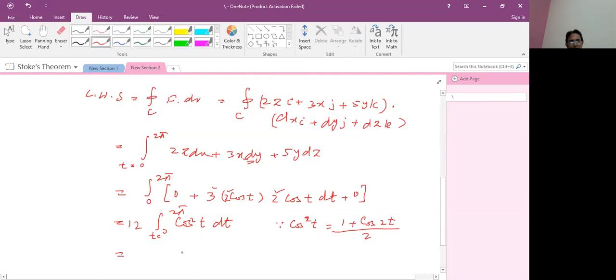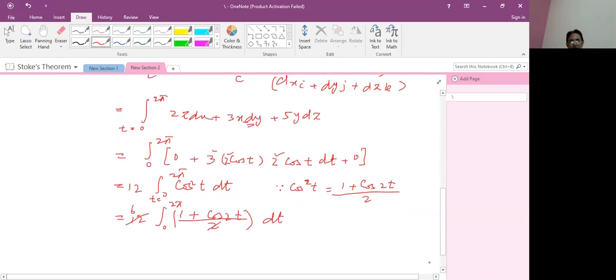So when we put 1 plus cos 2t upon 2 into dt, the integral from 0 to 2 pi, it is 12 divided by 2, which is 6.